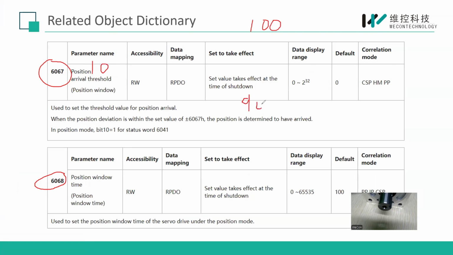So when the position of the motor is between 90 and 110, and the lasting time is bigger than this value, for example, here we set 1 second, in this situation, bit 10 of this 6041 will turn on. Otherwise, it will turn off. Okay, and later I will show you in the program for these two parameters.